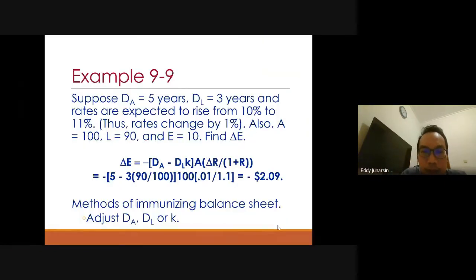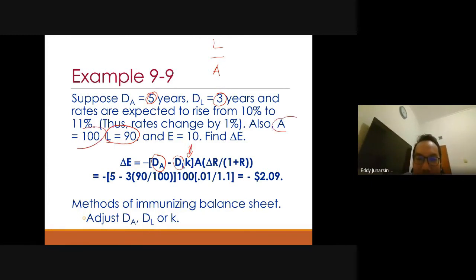That's why we go back to our example now. Duration of assets is 5 years, and the duration of liabilities is 3 years. But remember, you have to multiply by the K. K is the debt ratio. So what is the debt ratio in this example? 90 per 100, 90%.